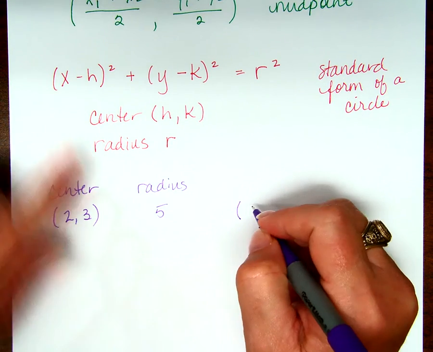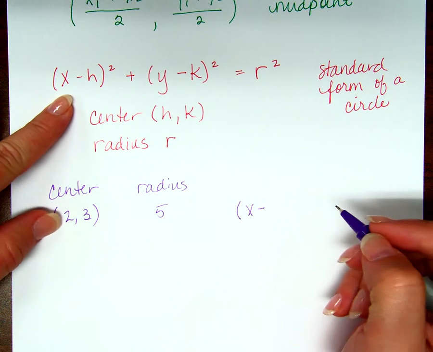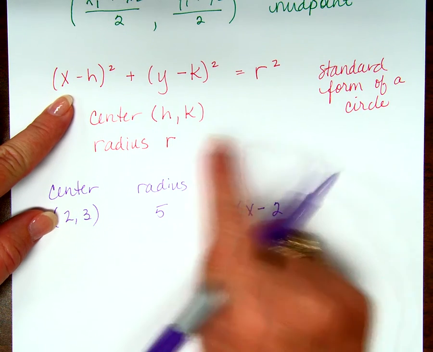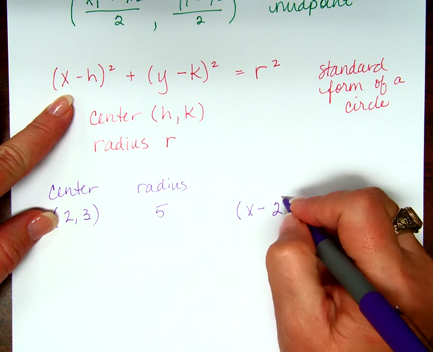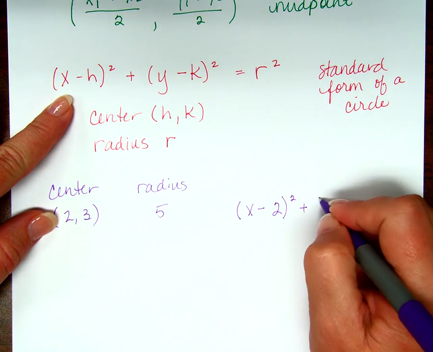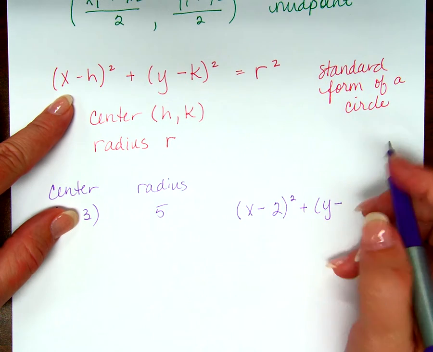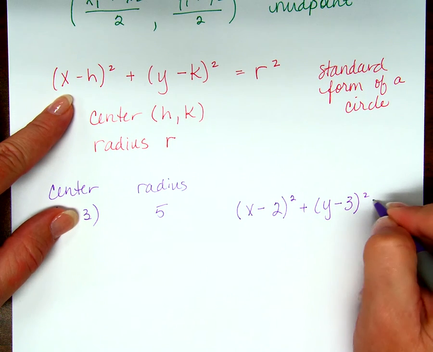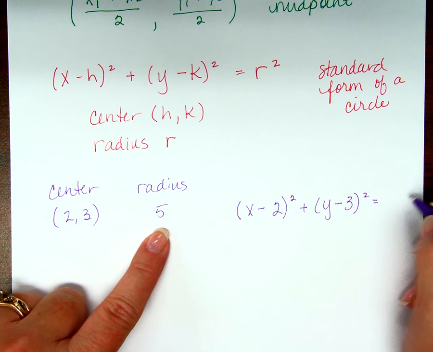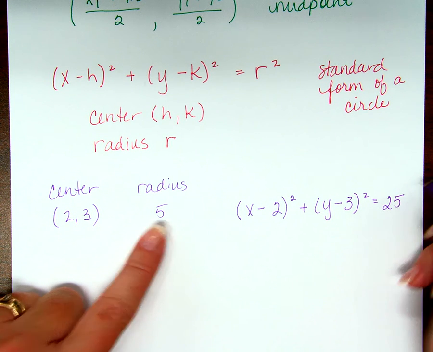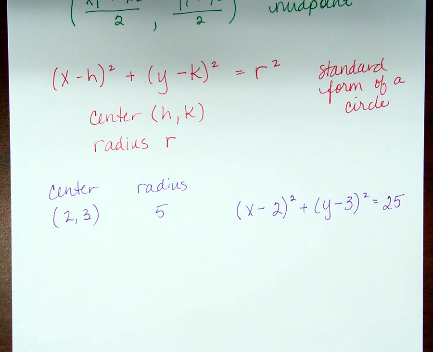Well, x minus h, which would be 2, because that's where the center is, right? Squared, plus y minus 3, because that's k, squared equals r squared. So 25, right?